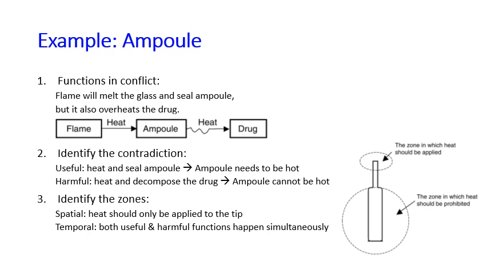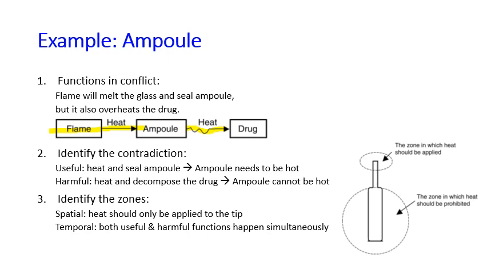First, we are going to analyze the functions. So the flame from the burner will transfer useful action from the heat to the top of the ampoule and will seal the ampoule. However, the heat also has a harmful action on the drug that is contained in the ampoule.